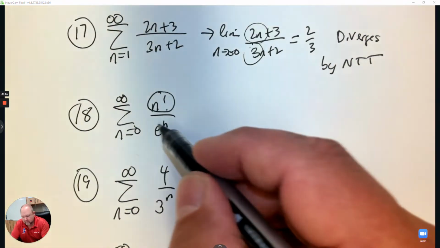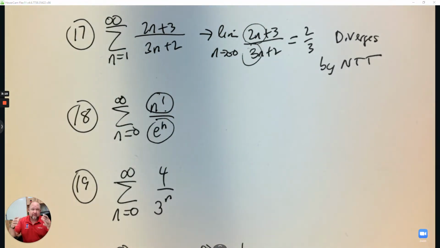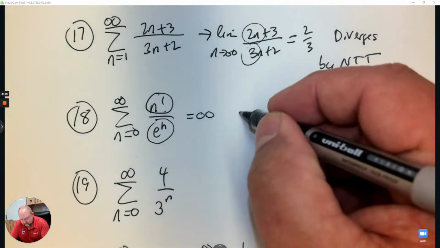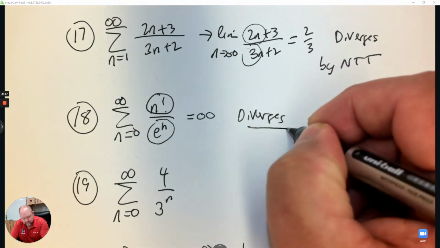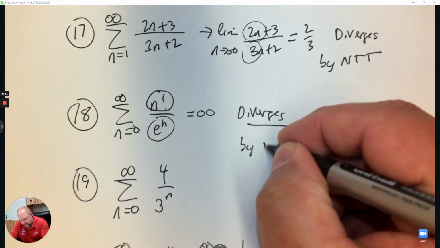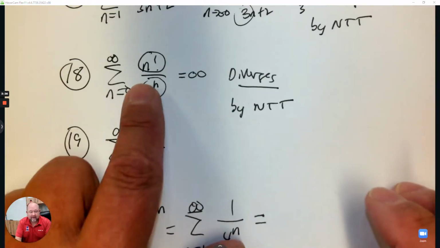So the factorial is more powerful than the exponential. As the numbers get bigger and bigger, if I multiplied it out, you'd see the numerator is going way faster than the denominator. This is going to infinity, so it diverges. And we say it's by the nth term test. So remember that.